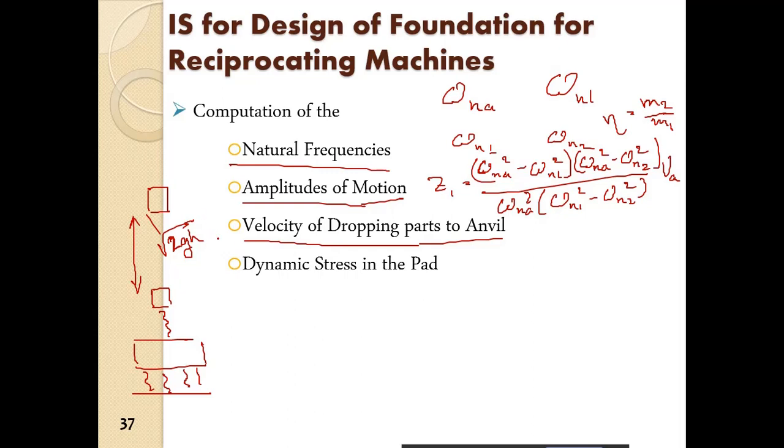There is an efficiency to consider. If the efficiency of the hammer is 100%, the velocity of the fall of the hammer is root 2gh. If it is not, we have the efficiency of the drop.